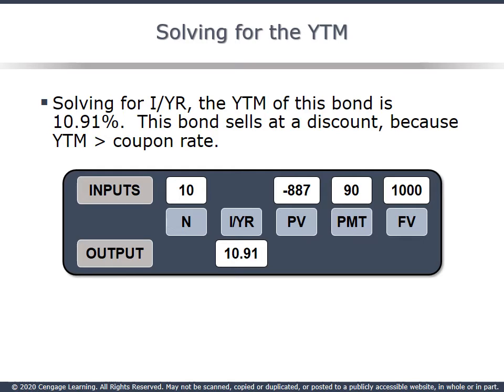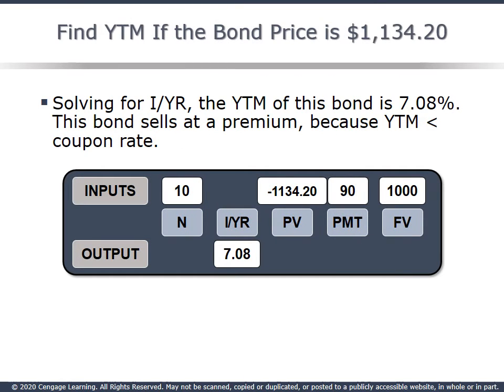This bond, if we are a bond investor, if we buy it at that price and hold it until maturity, receive its benefits until maturity, our yield, our rate of return, is almost 11%. If the bond price were a premium price bond selling at $1134.20.